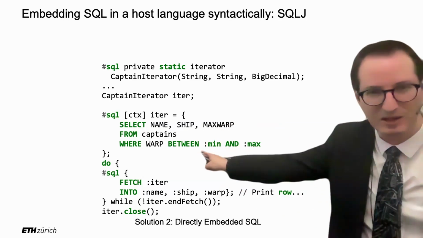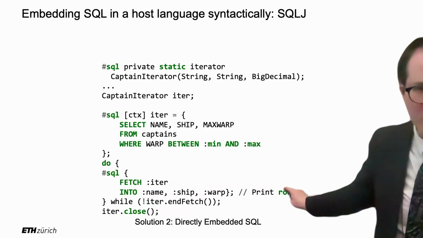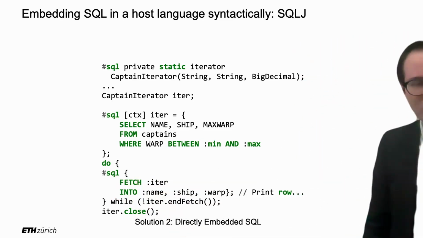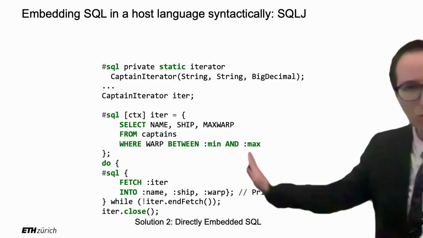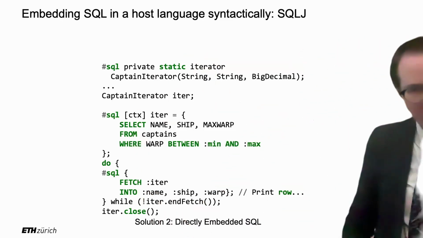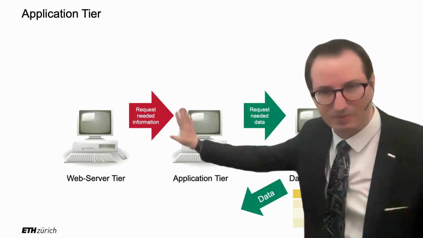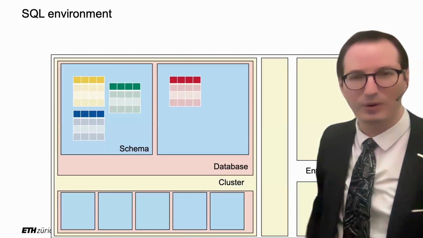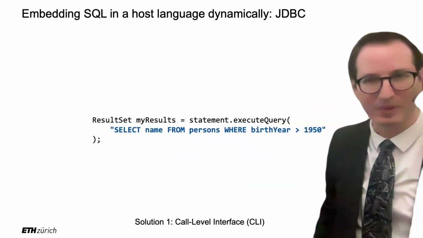So min and max basically are plugged into Java. And then you have again here some SQL command, fetch, we didn't cover. All right, so this is the idea of how you plug the SQL inside your language. And so these sorts of things that you see here are what the people who program the application tier are going to see, code that typically looks like this.